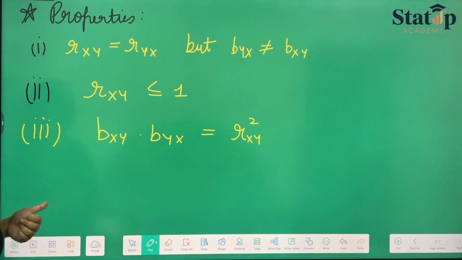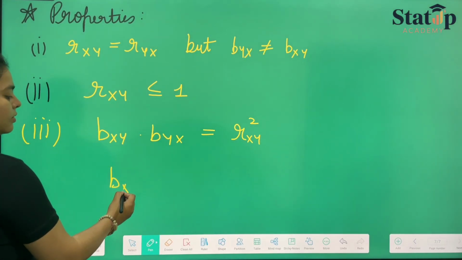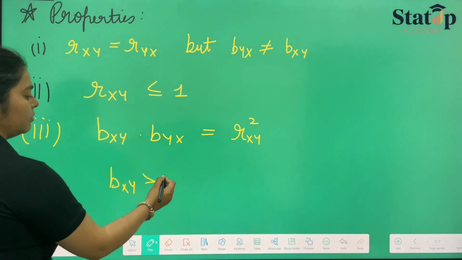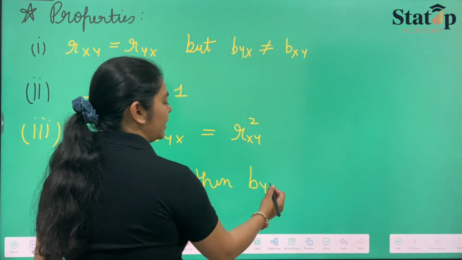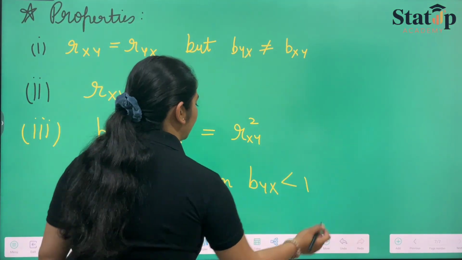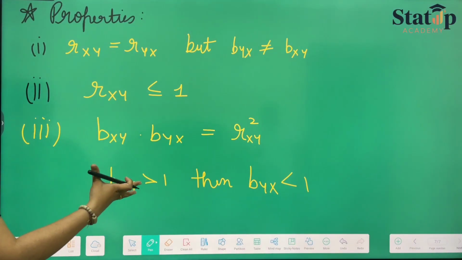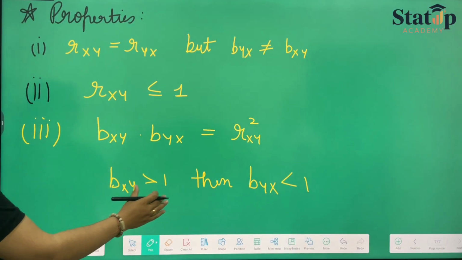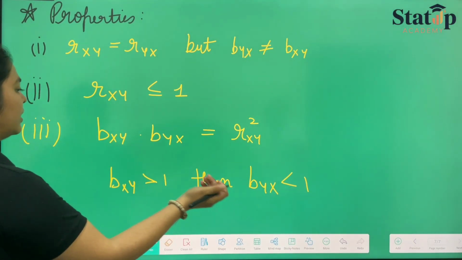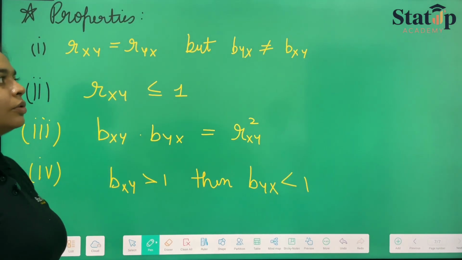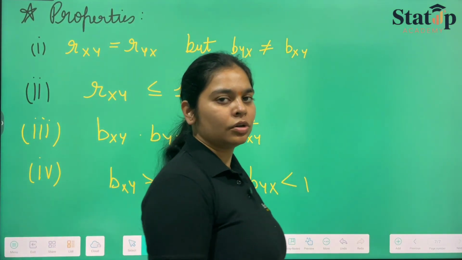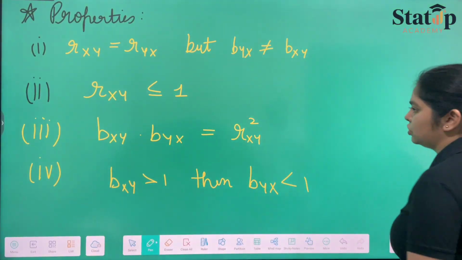One more thing, if bxy is greater than 1, then byx should be less than 1, or either of the one. If bxy is less than 1, then byx should be greater than 1. This is our fourth and last property. So these were the properties of our regression coefficients.